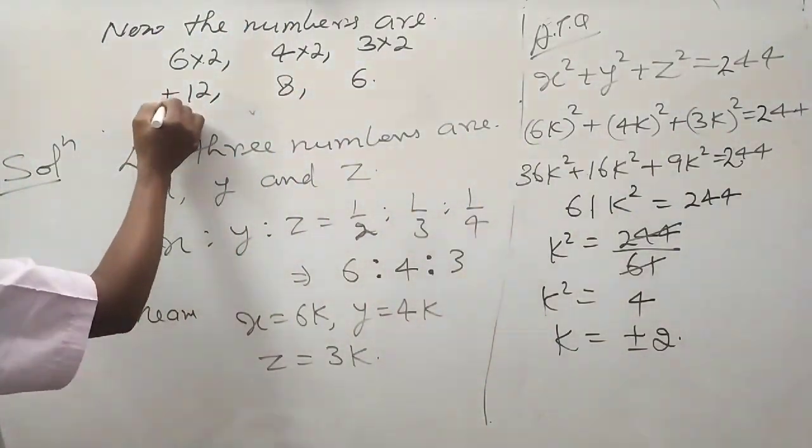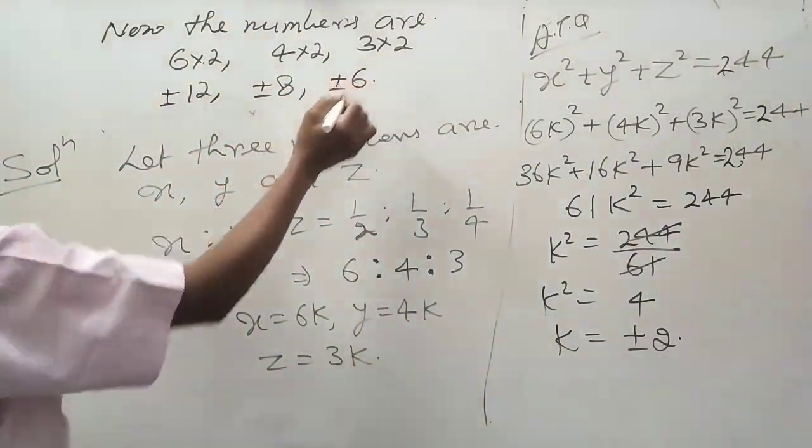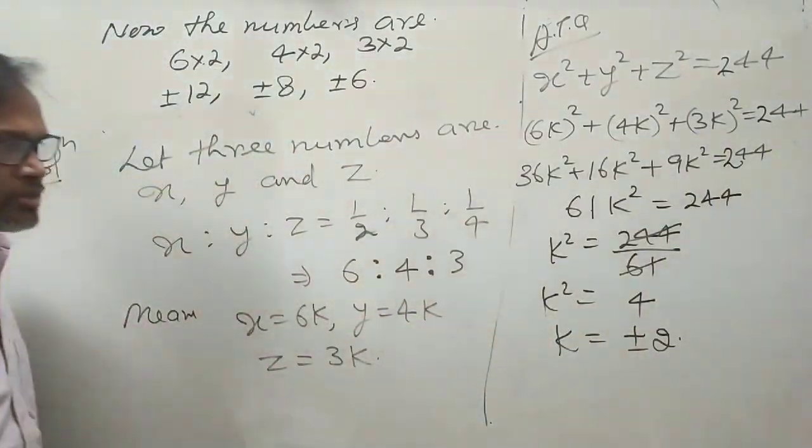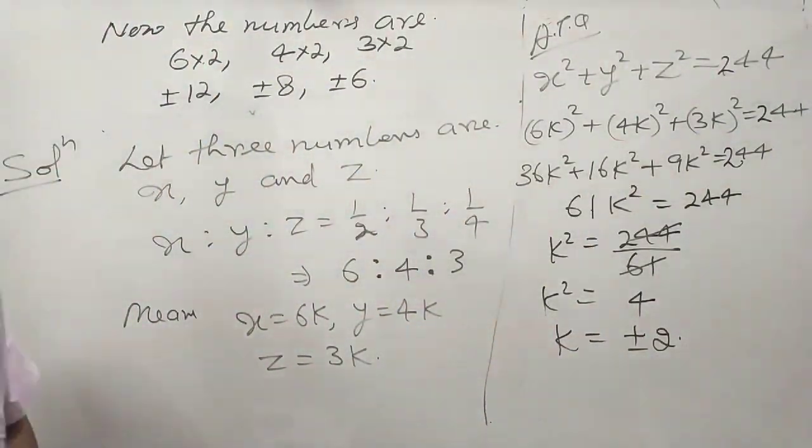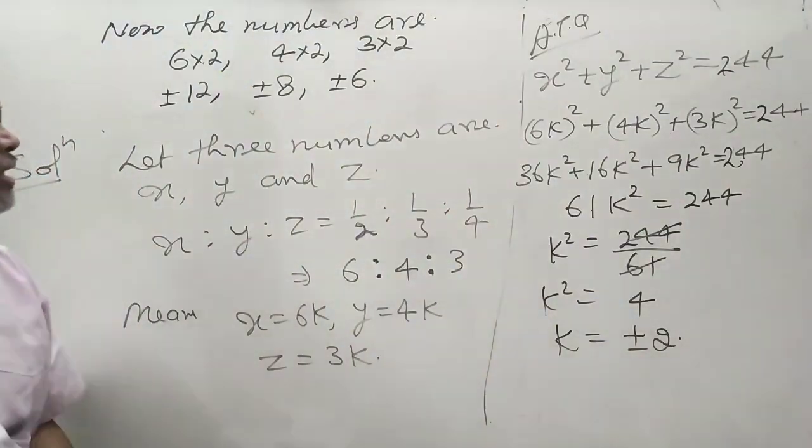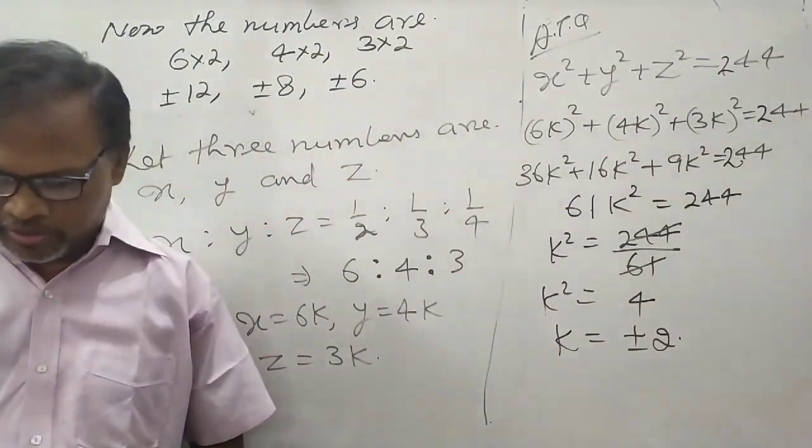Similarly, you can write the plus minus, because there are two values of k, plus and minus. So the numbers are plus 12, plus 8, plus 6, or minus 12, minus 8, minus 6.